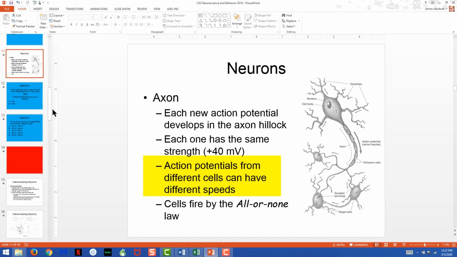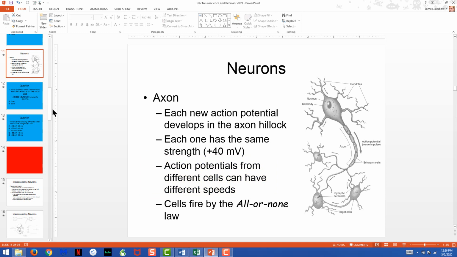And in fact, in later classes, if you take a more advanced biology class or more advanced psychobiology class, one of the things that you'll see is that the brain uses these different speeds of transmission in circuits to send signals sooner or later so that the signaling system can coordinate itself.